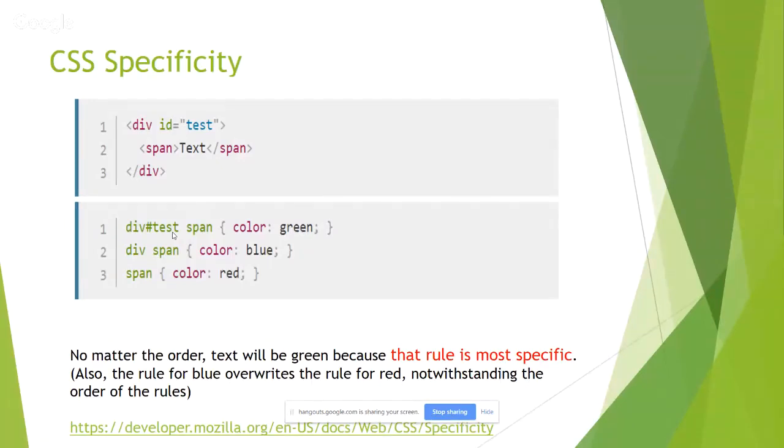Each tag inside the HTML element has an address or has a name or has a type. And we can access these specific elements by different CSS selectors. Here, div hash test means please get me the div element with ID test. And the second line means please give me the div element with an inside span element.